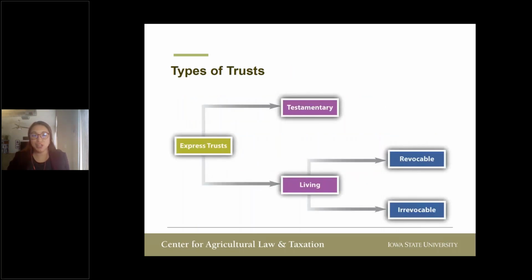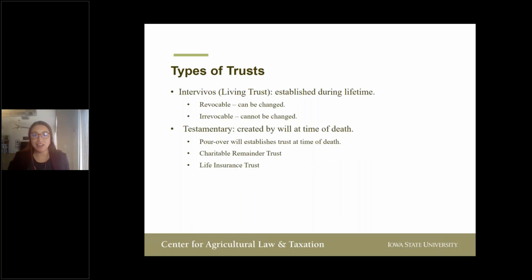So there are a few different types of trusts that we're going to look at here. The first one is called the inter vivos or a living trust. And like the name sounds, it's established while a person is still alive. These types of living trusts can either be revocable, where they can be changed, or irrevocable, where they cannot. There's also a testamentary trust, which is created by a will when someone passes away.